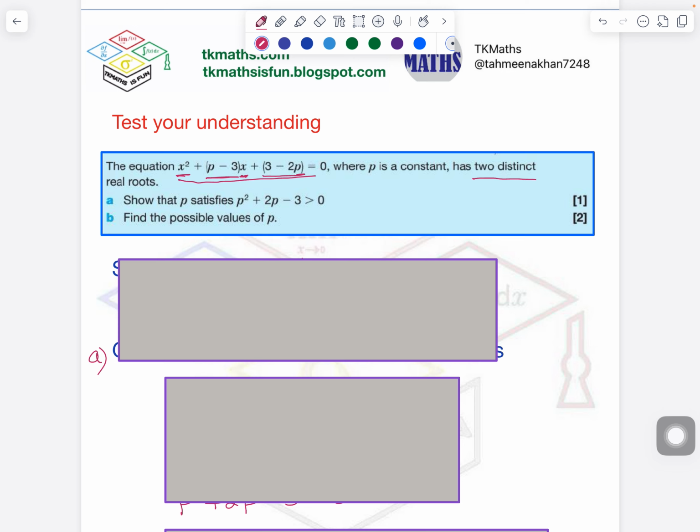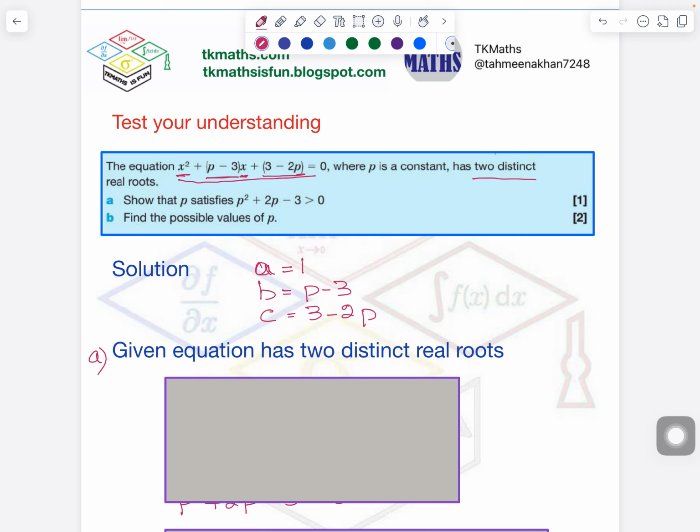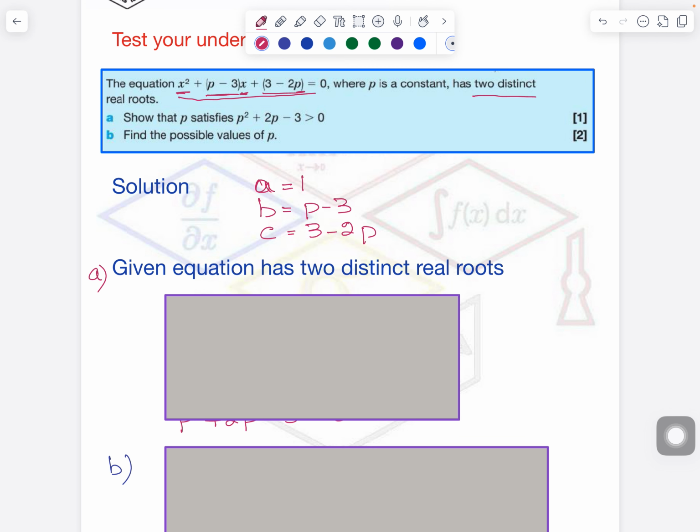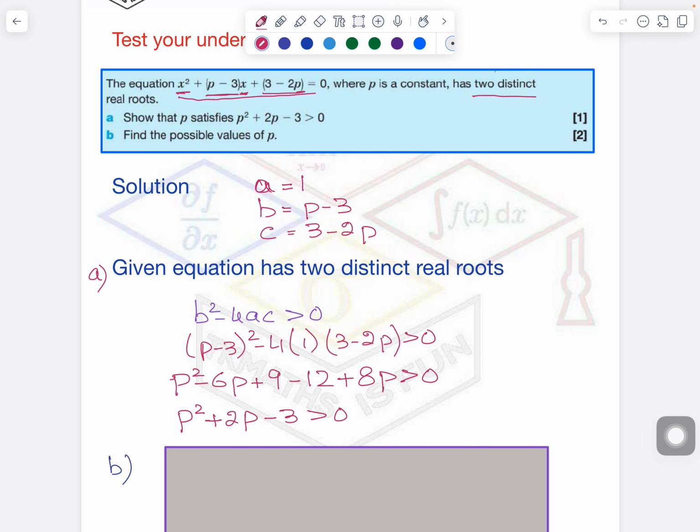Two distinct roots mean you have discriminant greater than 0, right? And you have written your a, b, c from the question. After that, you will substitute these values in b square minus 4ac greater than 0. Now I will tell you what other mistake mostly happens here. You know this term, which is p minus 3 square.